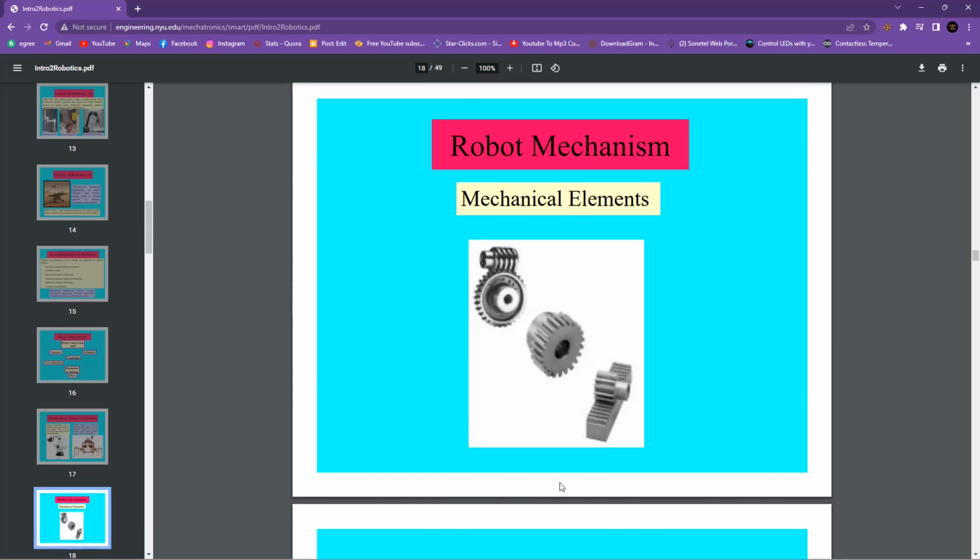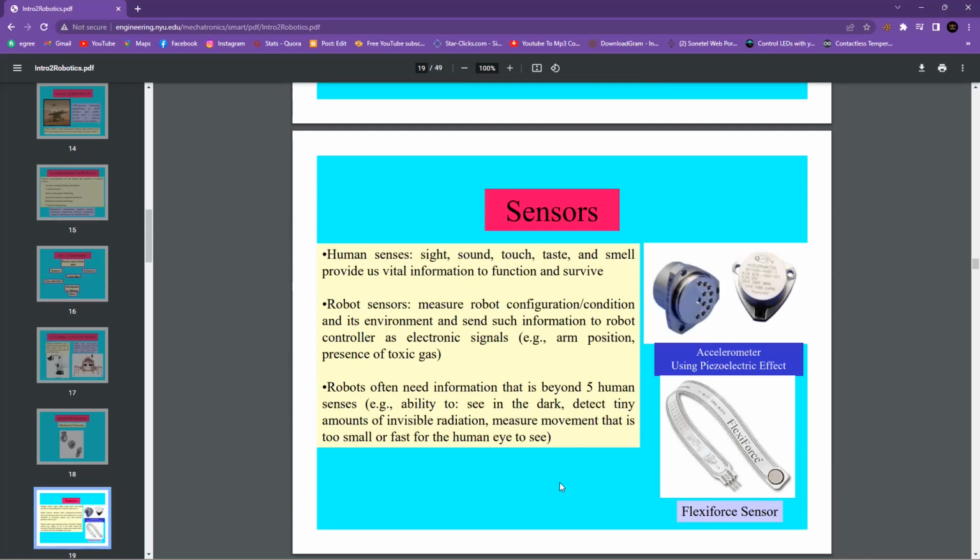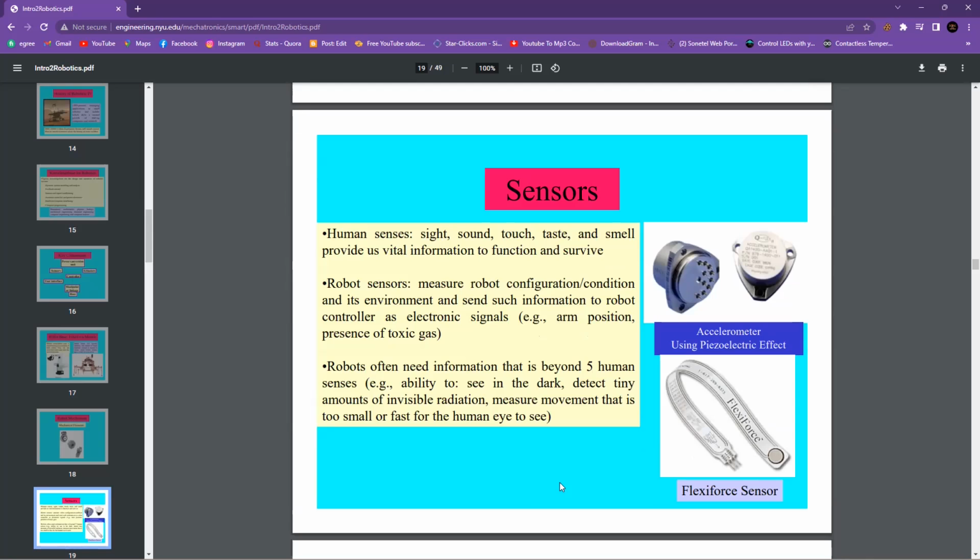So yes, we have the senses. Let's talk a little bit about the human senses. We have sight, sound, touch, taste, and smell. Robots basically perform just like human beings, because a human being has senses, and you are able to walk with your legs because of your eyes.